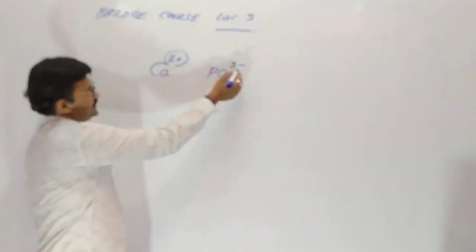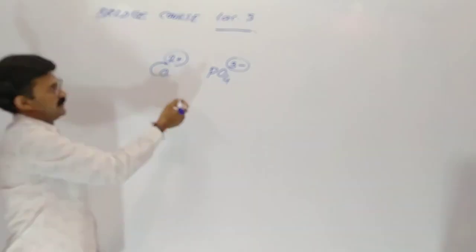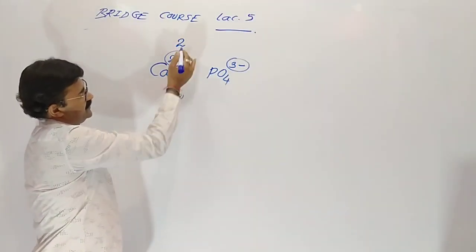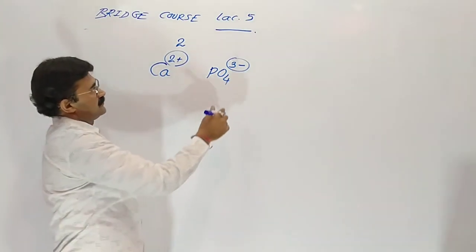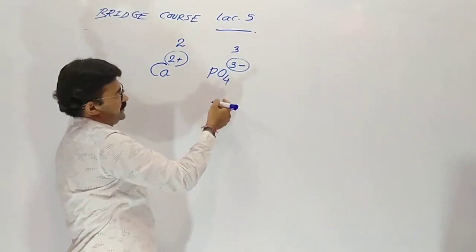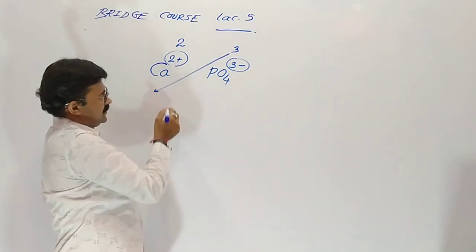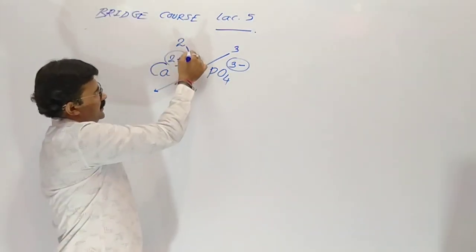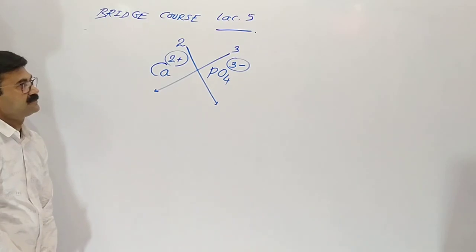After this nomenclature we will discuss balancing of chemical reactions, and I will give a trick to balance easily. First we will discuss here how to balance. Plus 2 means 2. Charge we are neglecting. For cross multiplication, 3 multiplies to calcium and 2 to phosphate.